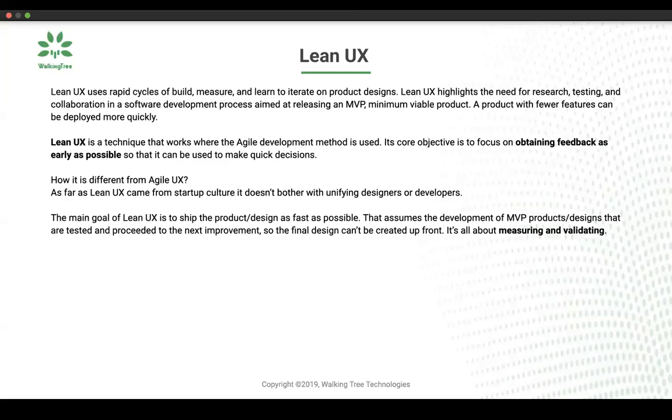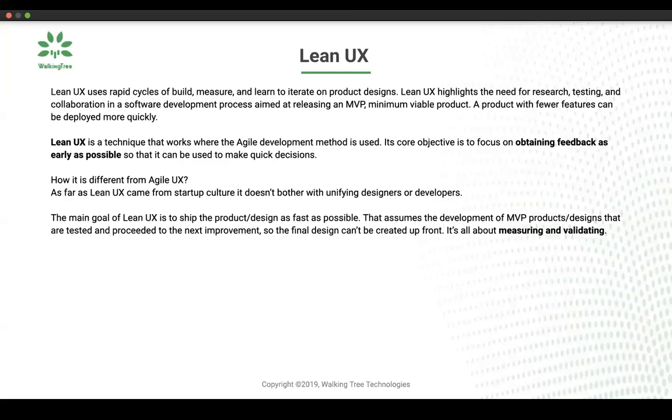So simply put, lean UX is more about the outcome than an output. If you see the traditional UX process or an agile UX process, all we are doing is an output. Like sprint one, this is the output, or the user research, this is the output, right? But in this one, it's more on the outcome.